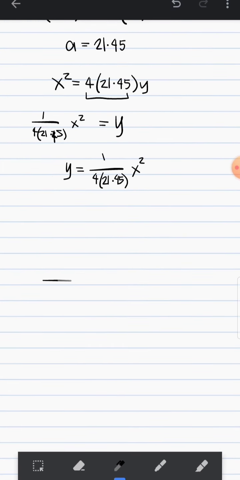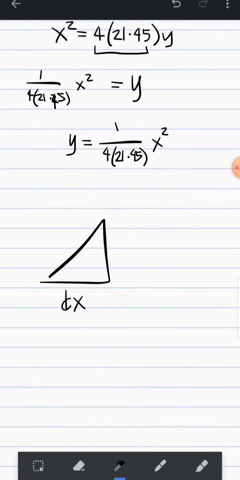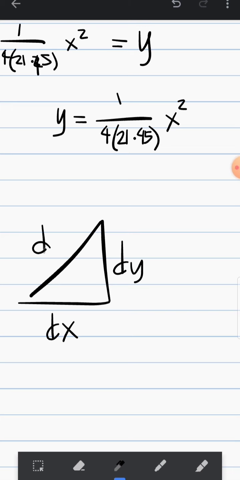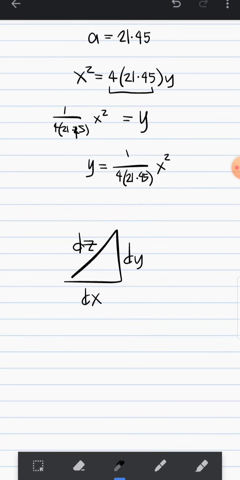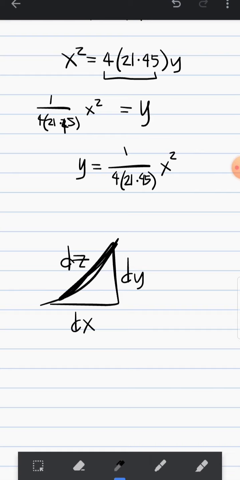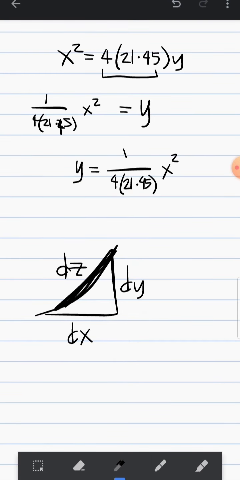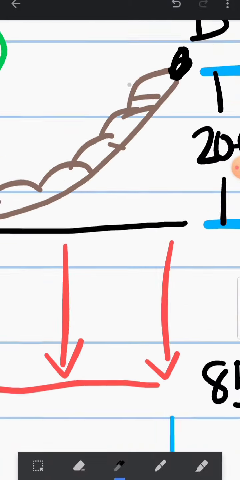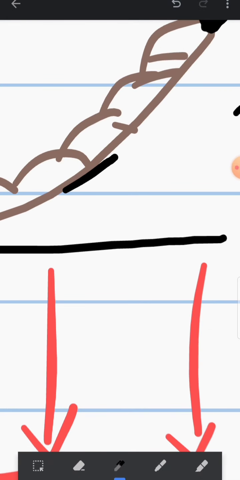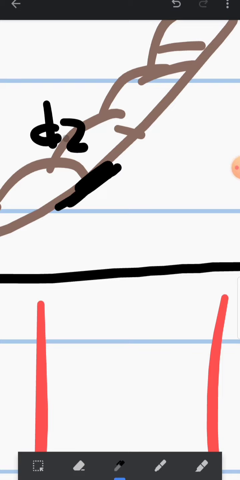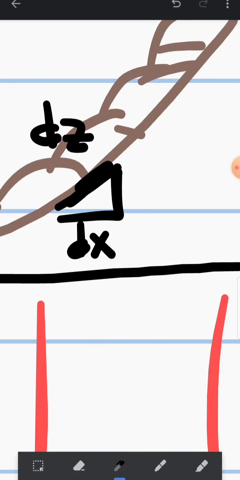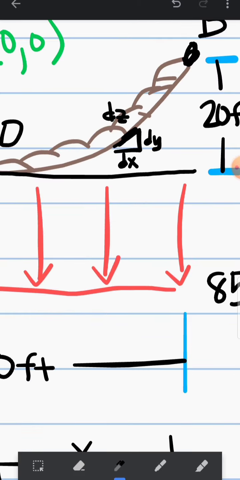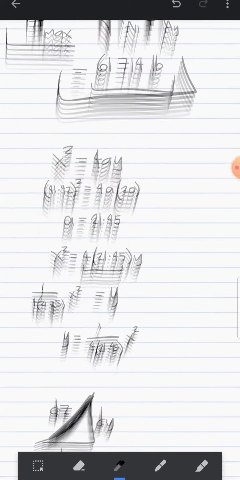Now recall in calculus that if this is the dx, dy, and this must be dz or ds, whatever you call it, this is the tiny length of the cable here. If we zoom very close here, that's dz, its run is dx, and its rise is dy. Somewhat it will form a right triangle.